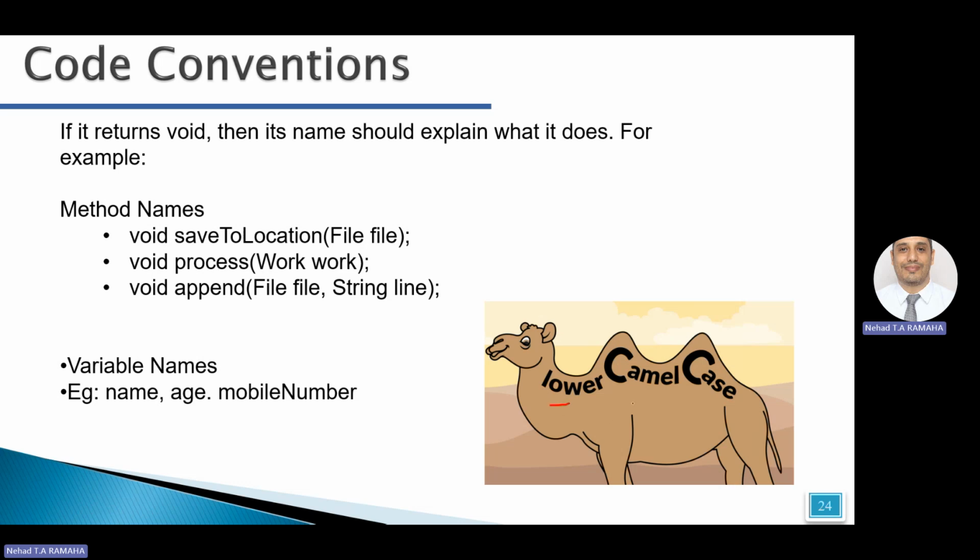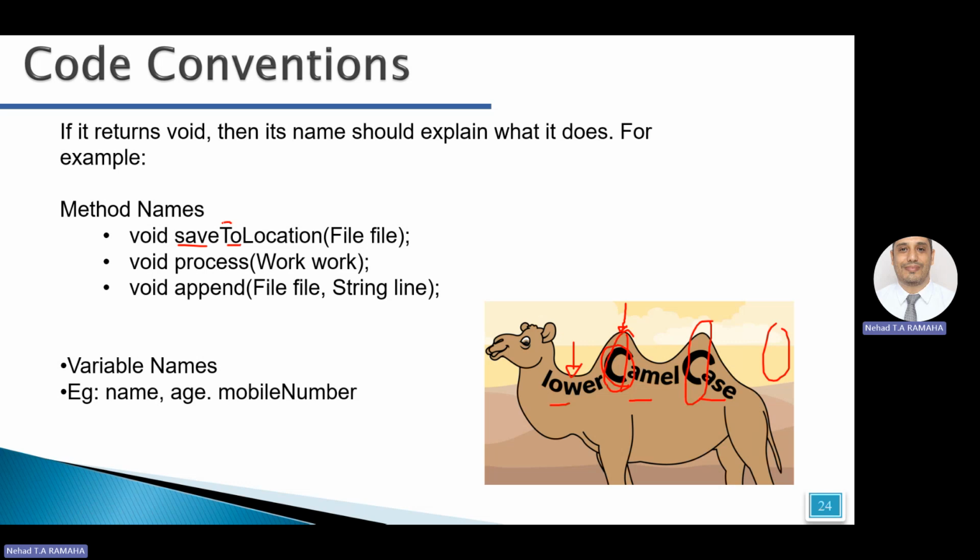It uses lower camel case. The first word, we use small letters, lower case. Then if we have another word, it must start with a capital letter, and another word with a capital letter. Like here, saveToLocation. Save is a small letter.